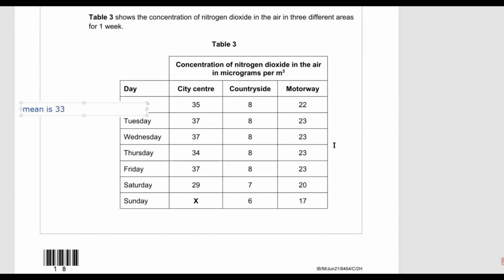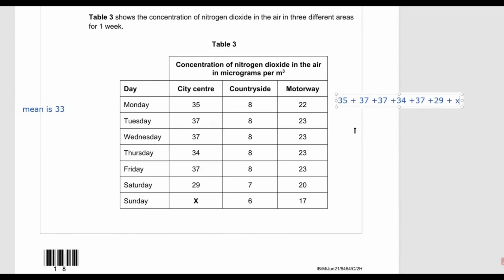So we know the mean for all 7 days is 33. So what is X? Well, it's one of the values that went into making the mean. So we need to set out our equation like this. 35 plus 37 plus 37 plus 34 plus 37 plus 29 plus x. You know how to do mean from mathematics. Add them all together and then divide by the number.